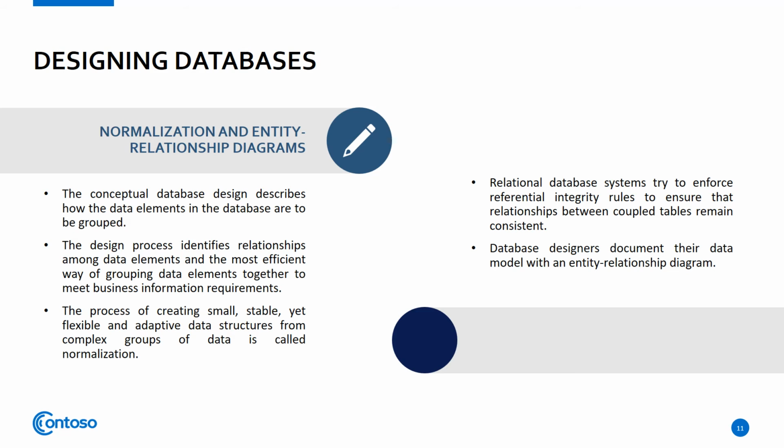The design process identifies relationships among data elements and the most efficient way of grouping data elements together to meet business information requirements. The process of creating small, stable, yet flexible and adaptive data structures from complex groups of data is called normalization.